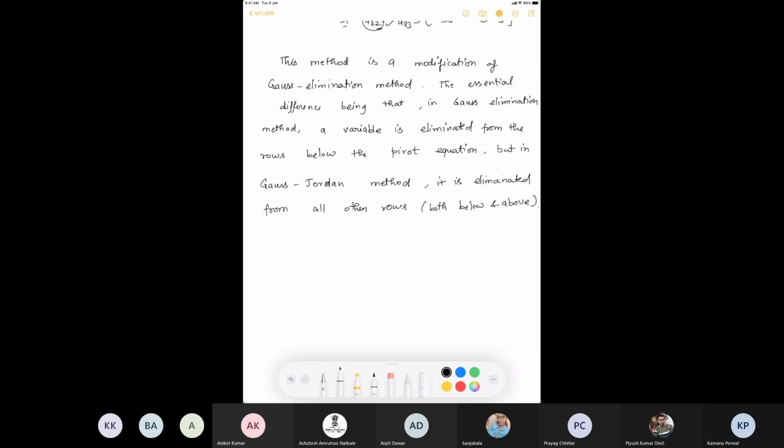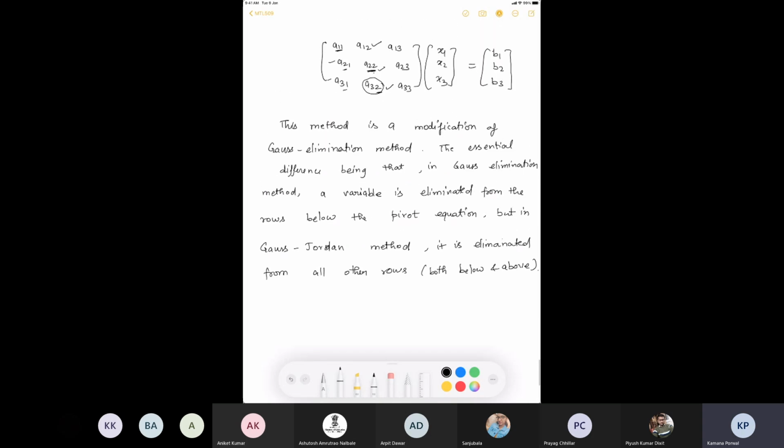Okay. And then finally, if you imagine, you will be having only the diagonal entries in the final matrix, which you will get as a coefficient matrix, right? So, finally, we divide by these diagonal elements.